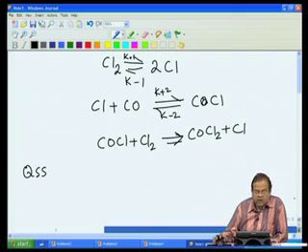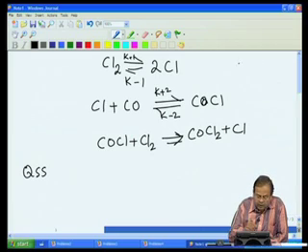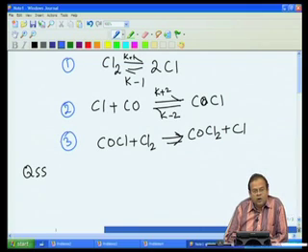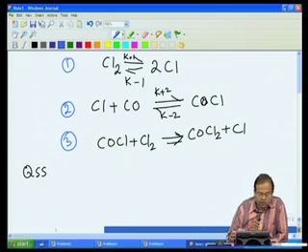We have three reactions: reaction 1, reaction 2, reaction 3. First let us define the rates of these reactions, and the reason why we should do that will become clear as we go along.